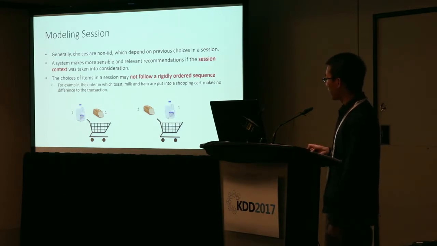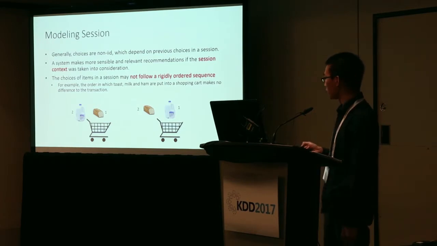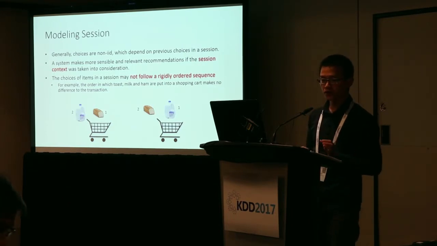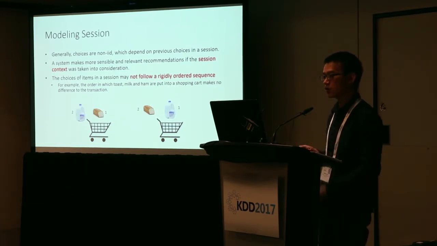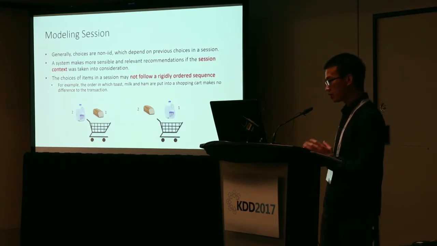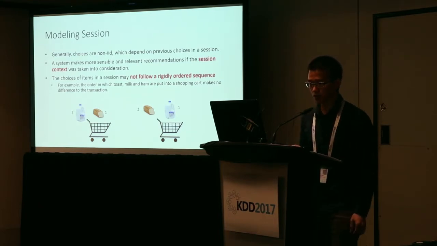People buy milk and bread, so the next choice may have some relation to the items purchased here. If we can take this context into account to make the recommendation, the recommended items may be more sensible and relevant.